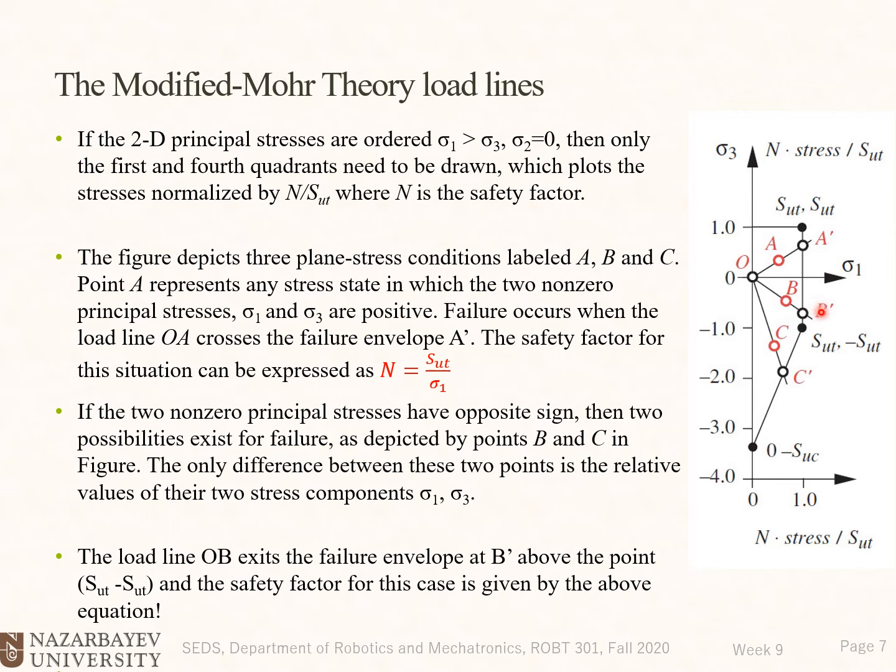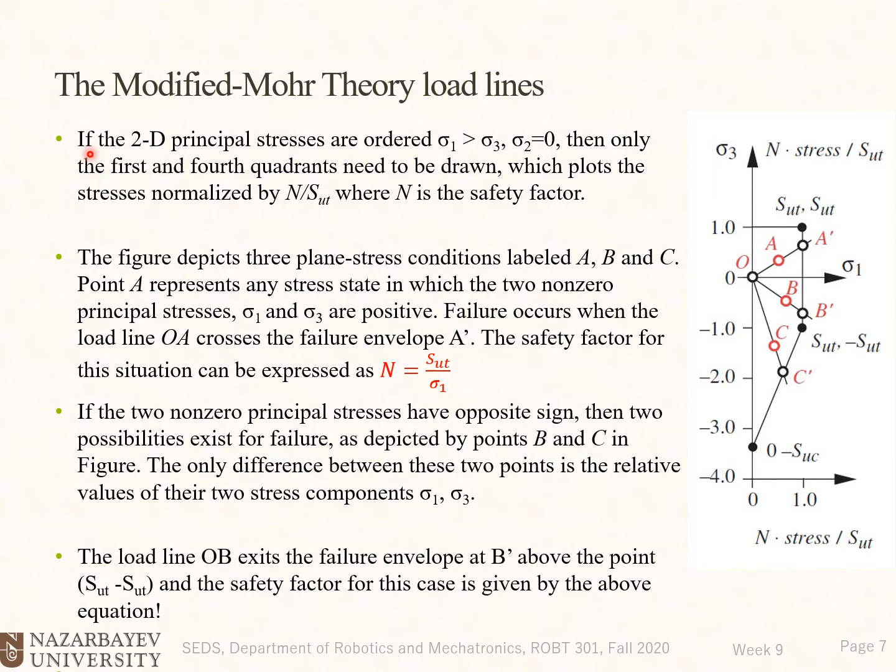For B, the intersection happens at point B prime, and for C, at C prime. So you see that mathematically we need different formulas to find the safety factor for these regions. I'm going to explain each of them.